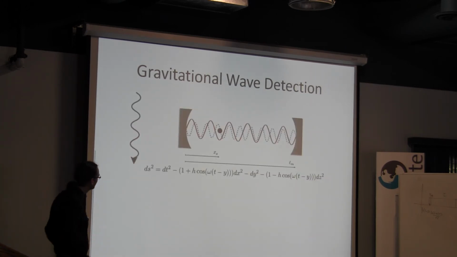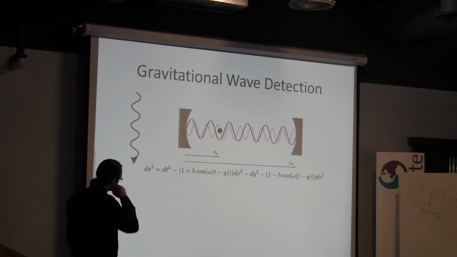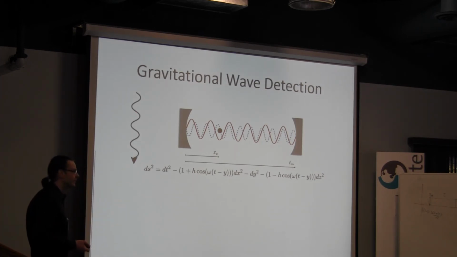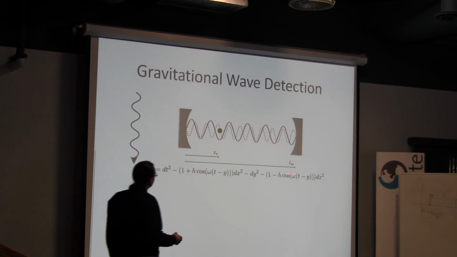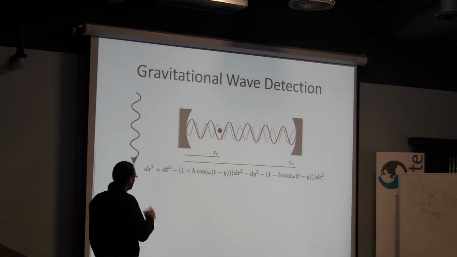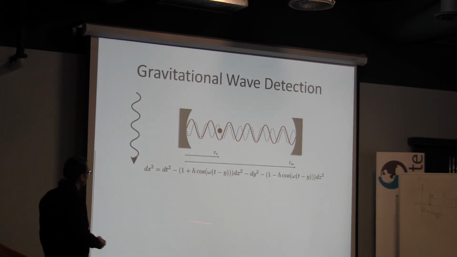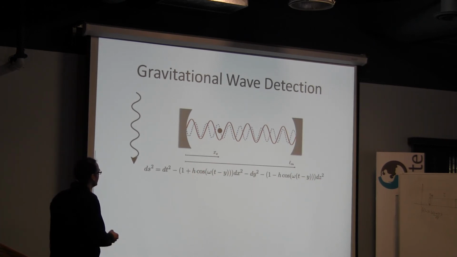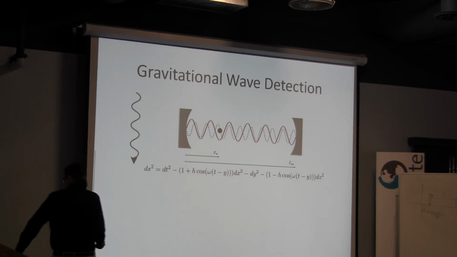So a gravitational wave comes along through the system, and it stretches space-time. So I can write that in terms of what it does to the metric, from general relativity. And so the metric is going to be stretched by this factor h in the, say, x and z direction. The gravitational wave is propagating in the y direction, so along the cosine of t minus y.